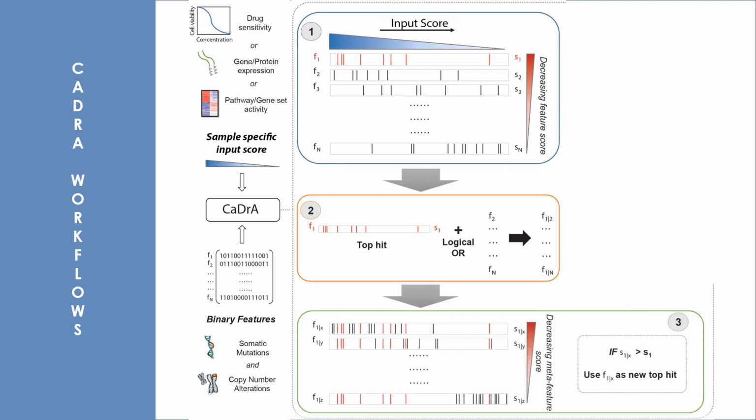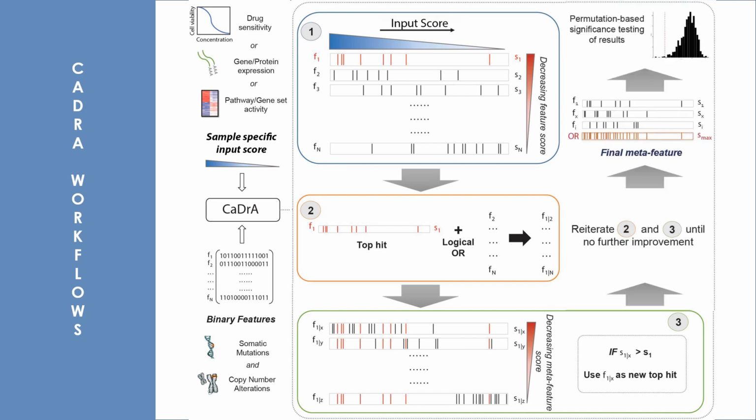If any of the meta-features has a better score than the hit from the previous step, the new meta-feature is chosen for the next iteration. Repeat steps 2 and 3 until no further improvement in score can be obtained. The final output is a set of features, meta-features, whose union has the local maximum score and its permutation-based p-value.